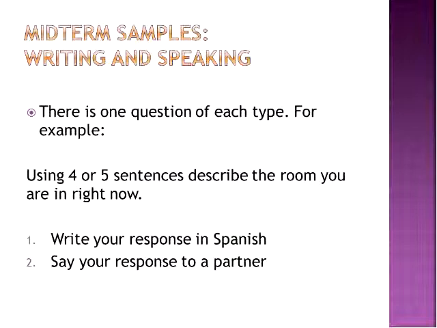I see many chairs. There are posters on the wall. Make them simple, but come up with 4 or 5 sentences in writing right now. I'm going to collect these at the end, so I'll give you about 3 minutes to do that.